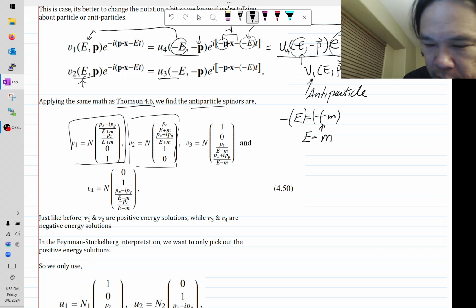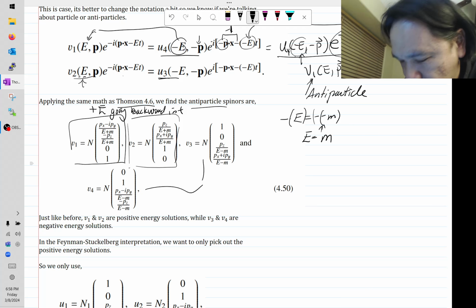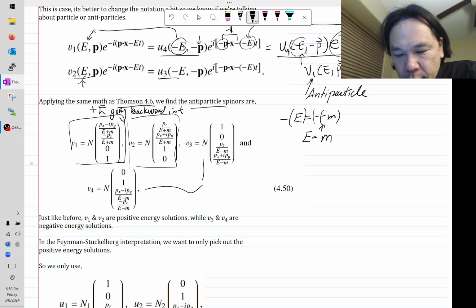So these represent antiparticle solutions, or well, these represent positive energy solutions, but going backward in time.